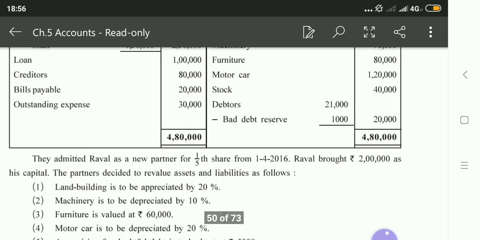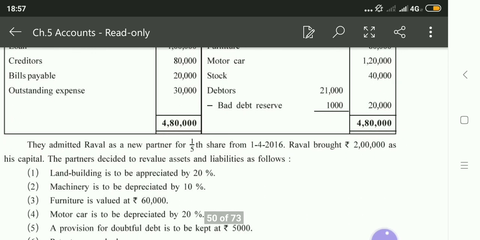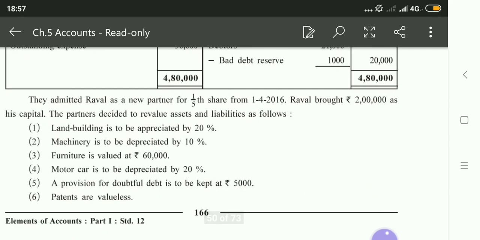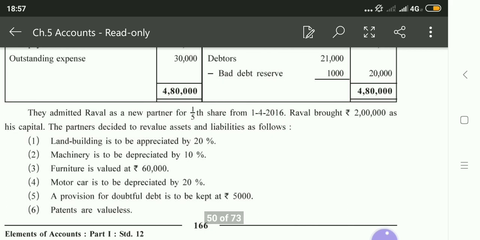Yes, I'll consider the value which is given in the inner column, which is 21,000, and of which 1,000 is bad debt reserve already, and I am supposed to keep a bad debt reserve of 5,000, and 1,000 I already have. So how much more is needed?